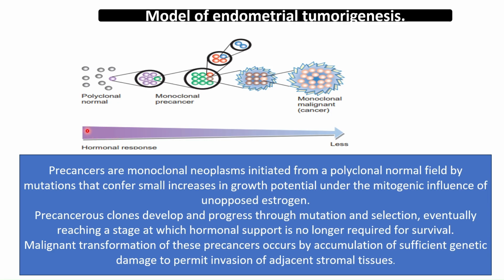Here we can see excessive estrogen exposure is the leading factor, and at the monoclonal malignant stage, there is no requirement of estrogen hormone presence. Malignant transformation of these cancers occurs by accumulation of sufficient genetic damage to permit invasion of adjacent stromal tissue.